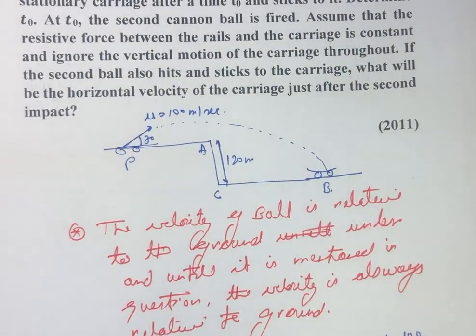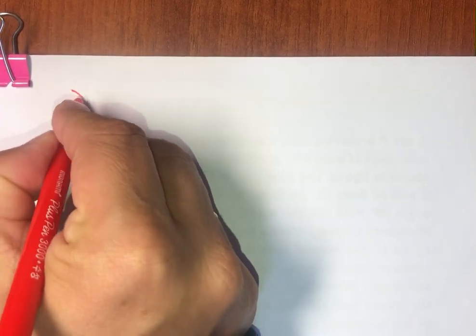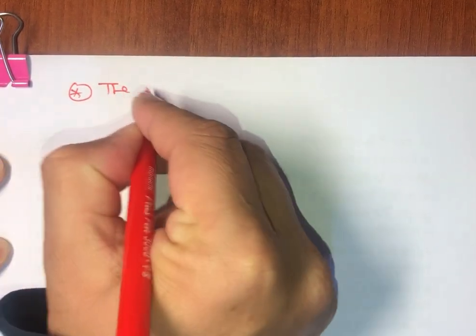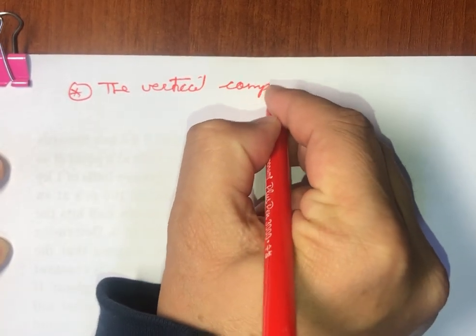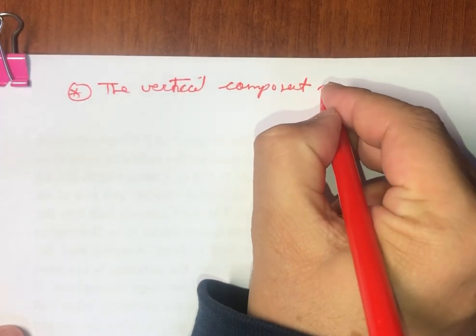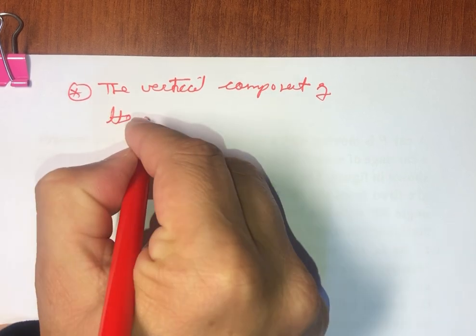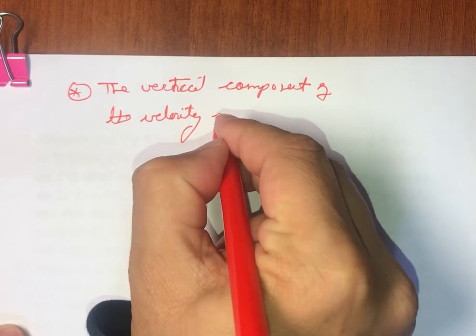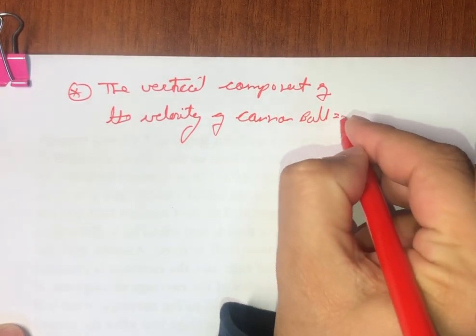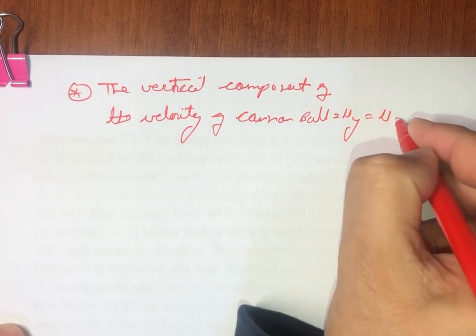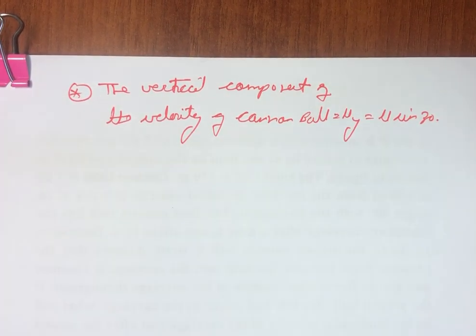Now similarly, we can find out the vertical component of velocity of cannonball, which is called uy, and that will be u sin 30, and u sin 30 is 1 by 2.